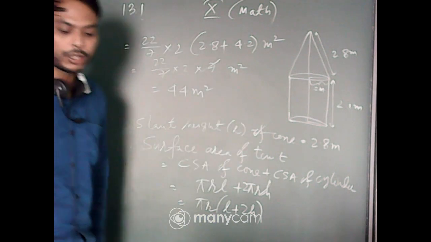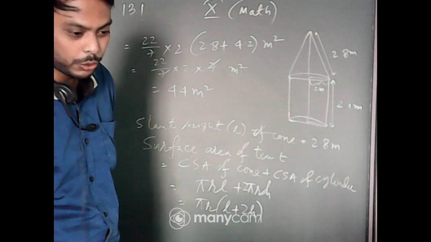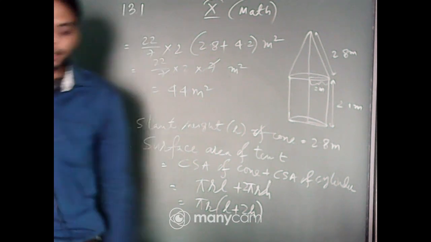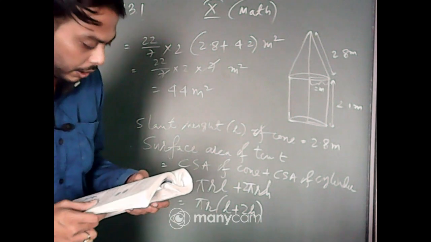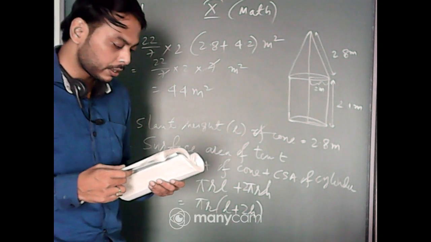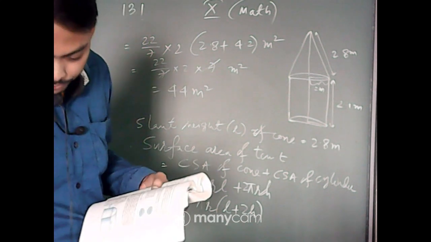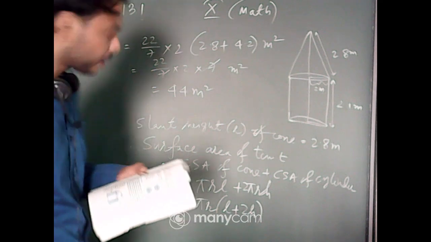Respond, all of you who are doing the class, and just do it in your copy also. So the first part is done. Area of the canvas used for making the tent is done. So just write the answer.